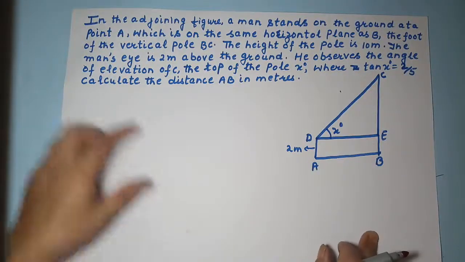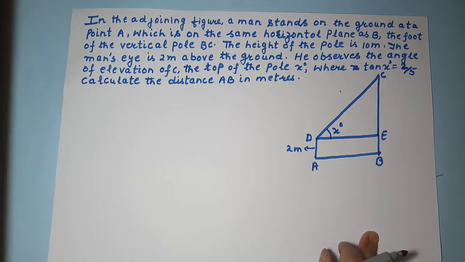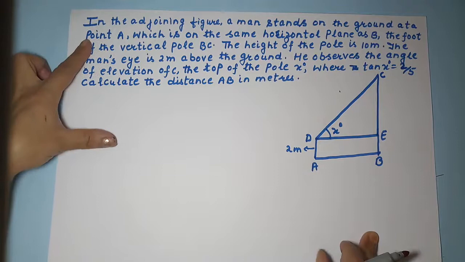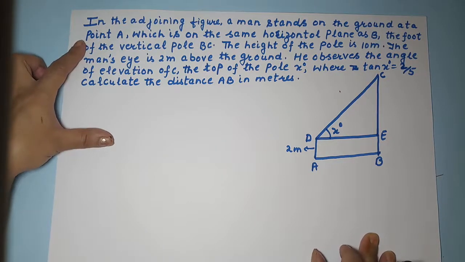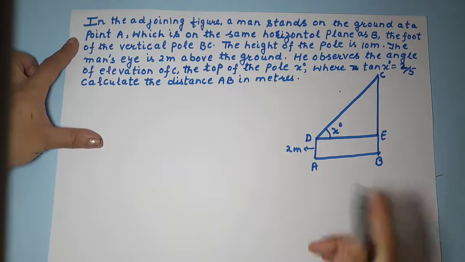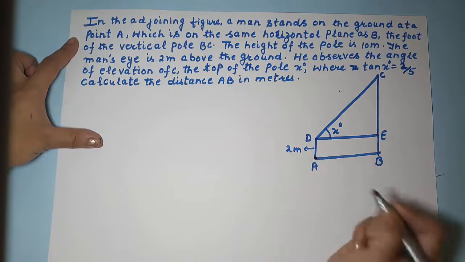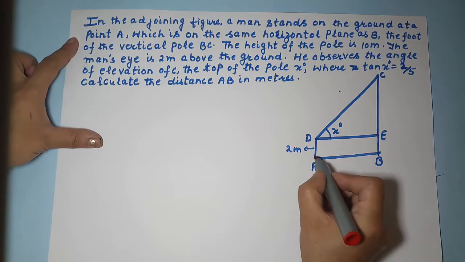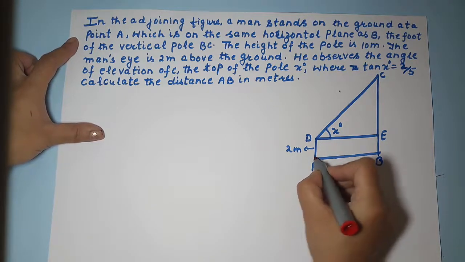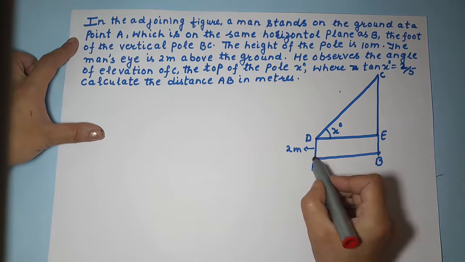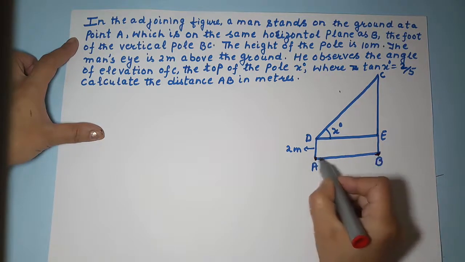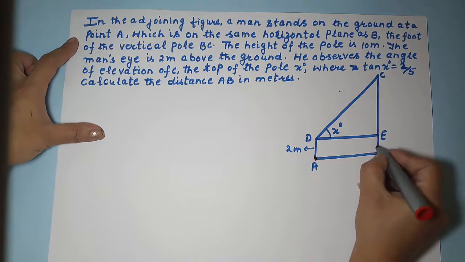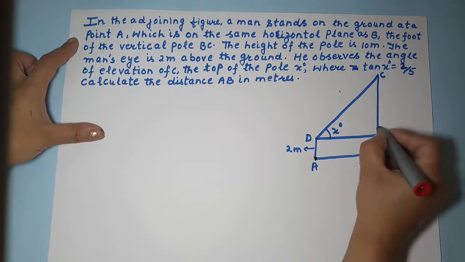Now, another one. In this, the figure is given in the question. He's saying that a man stands on the ground at a point A, which is on the same horizontal plane as B. So this is 90, this is also 90.